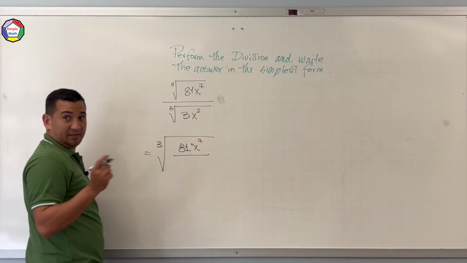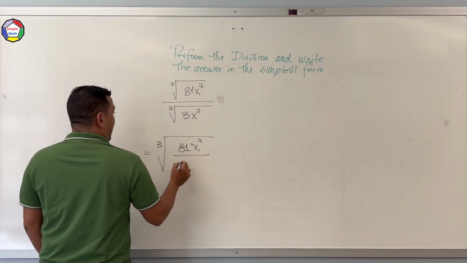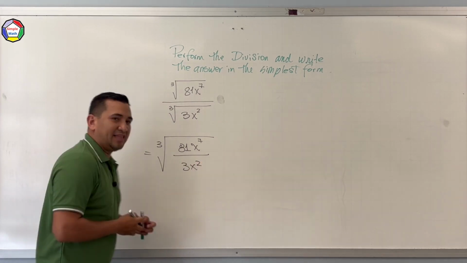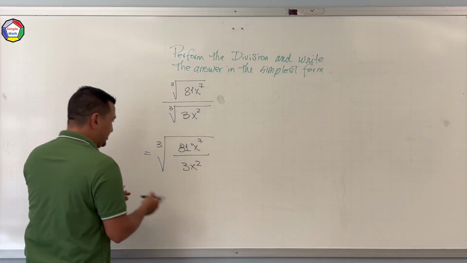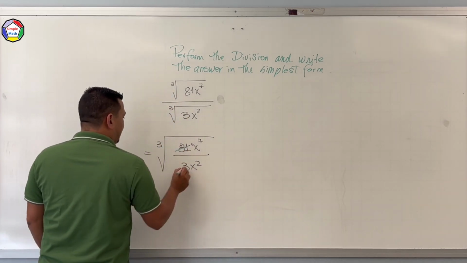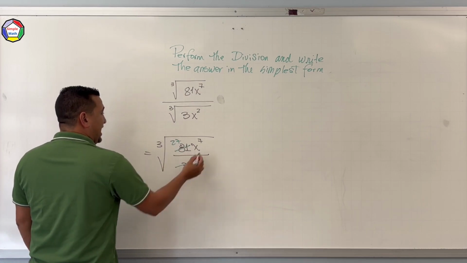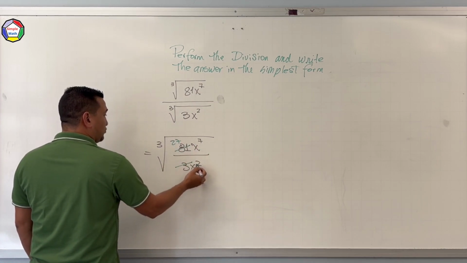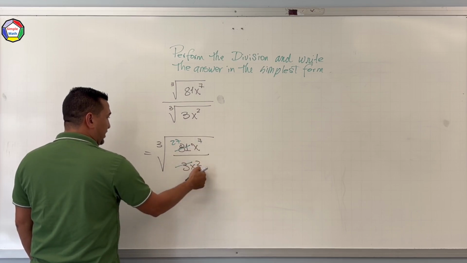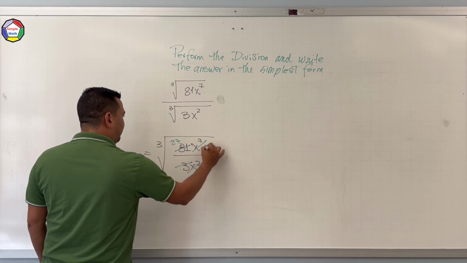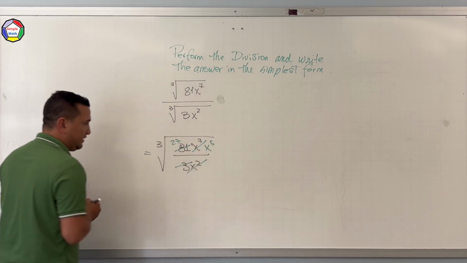Remember, we are working in this exercise with cube roots. And this is a fraction that we can simplify, and it's very easy. 81 divided by 3 is 27. X to the power of 7 and x squared. Remember, we subtract the exponents. So we have x to the power of 5. 7 minus 2 is 5.